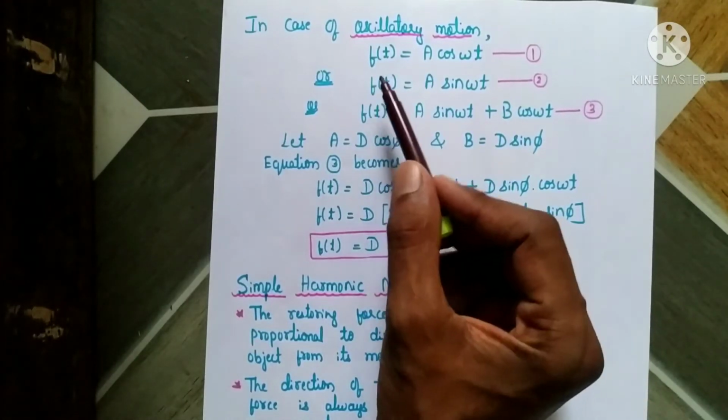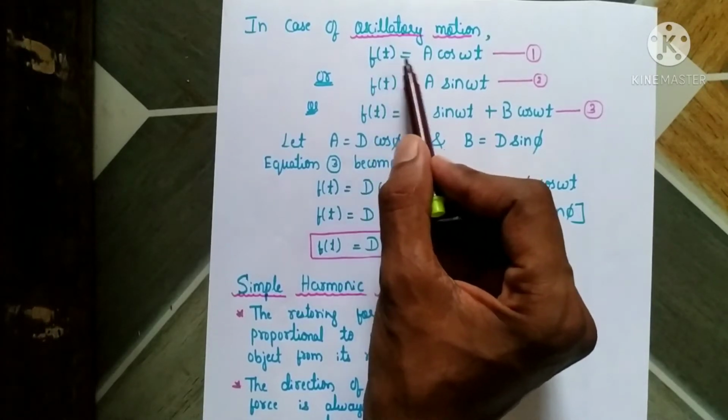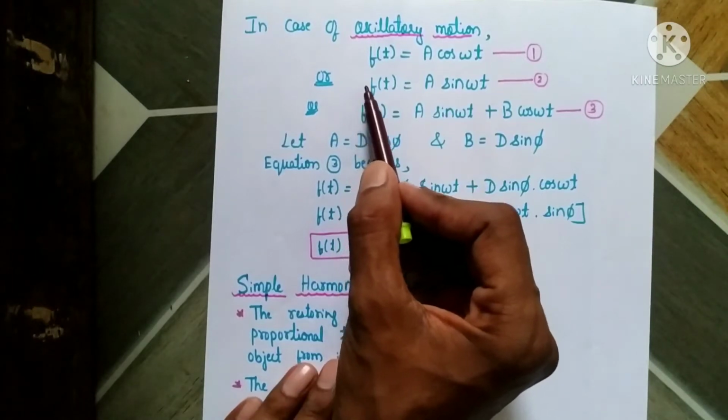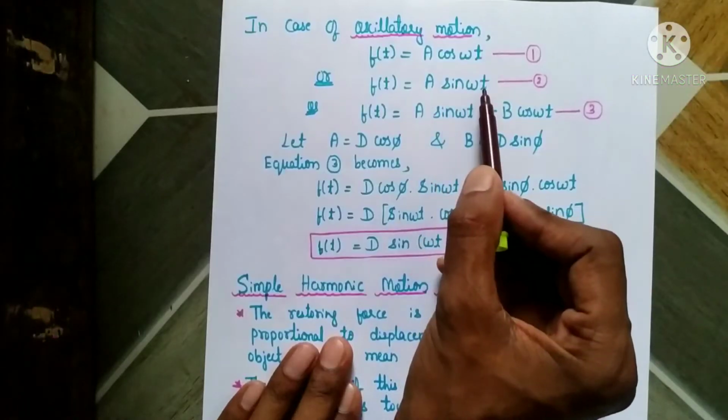The first way, as I said, is f of t equals A cos omega t, or we can represent the displacement as f of t equals A sin omega t.